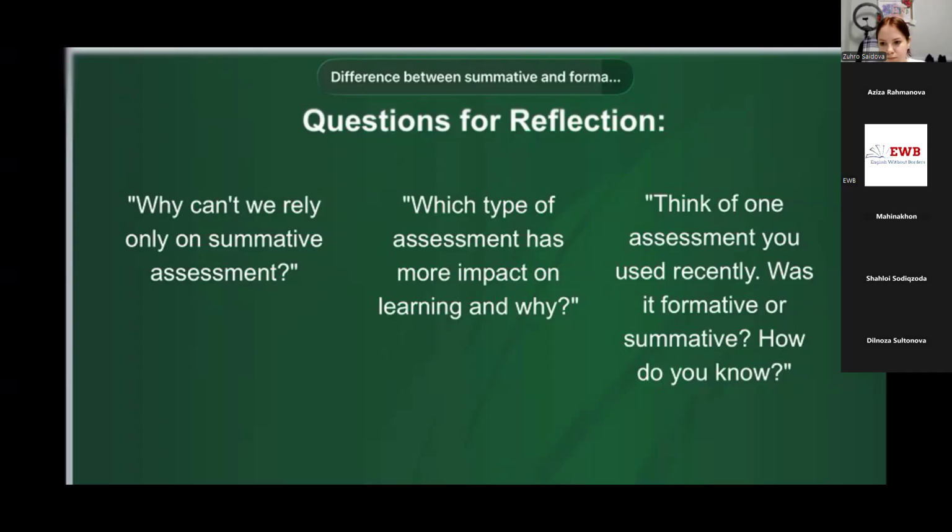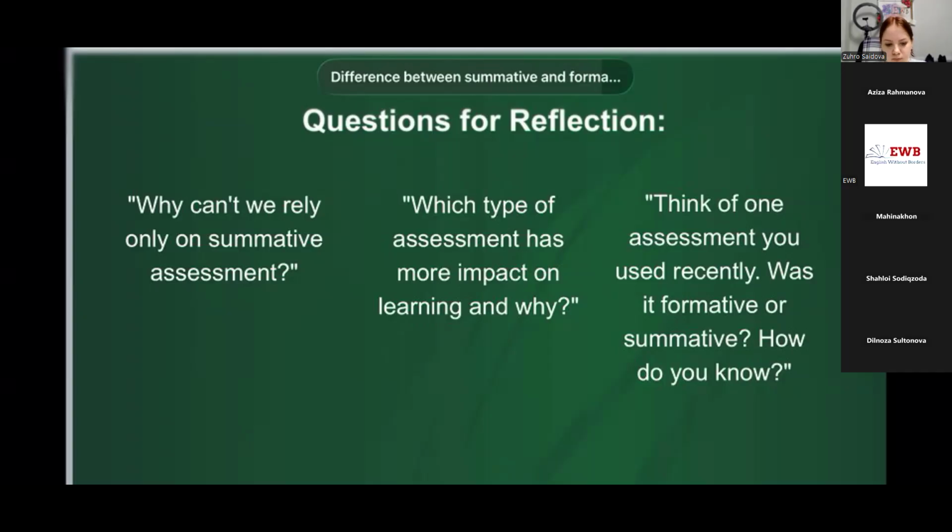Or you can think about one assessment that you used recently and say, was it formative or summative? How do you know? Oh, you're writing in the chat feedback maybe? Feedback is to understand students' level, right?